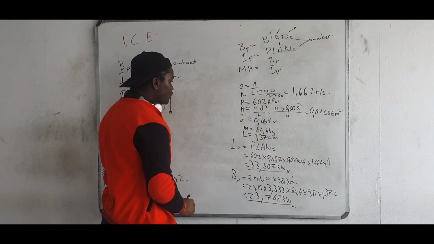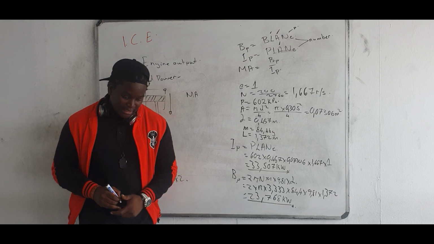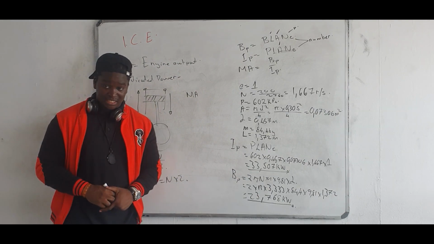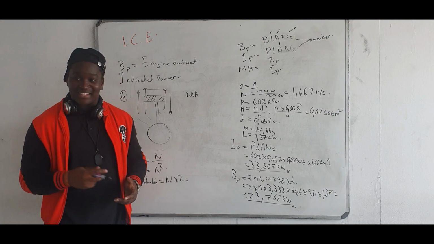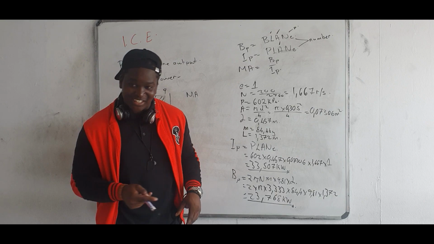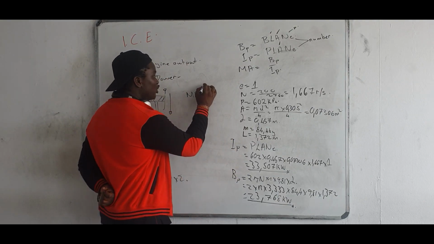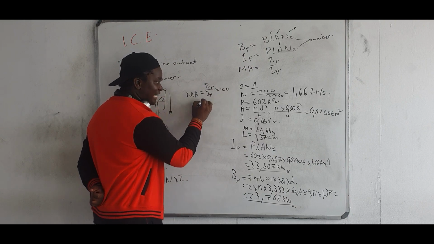And now for the last question, which wants mechanical efficiency. The question says calculate mechanical efficiency. Mechanical efficiency is the same thing as mechanical advantage, but they say efficiency, that means we multiply by 100. Are we together? So our MA is equal to BP divided by IP multiplied by 100.